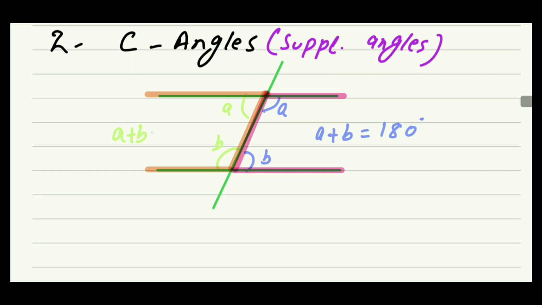A plus B is equal to 180 degrees. So this is the supplementary angles property, and they make a C shape. The angles inside a C shape, their sum should be equal to 180 degrees.